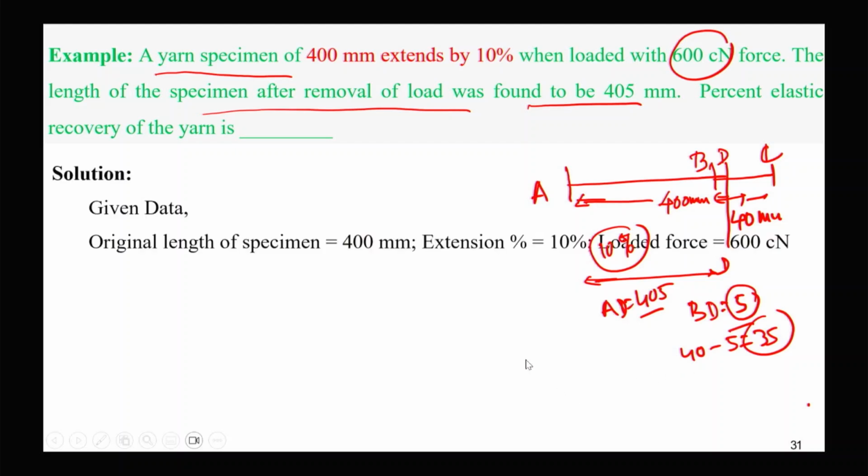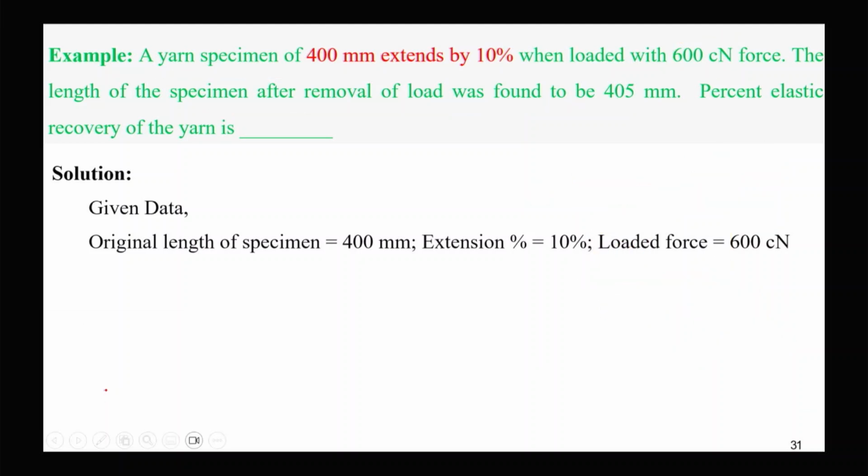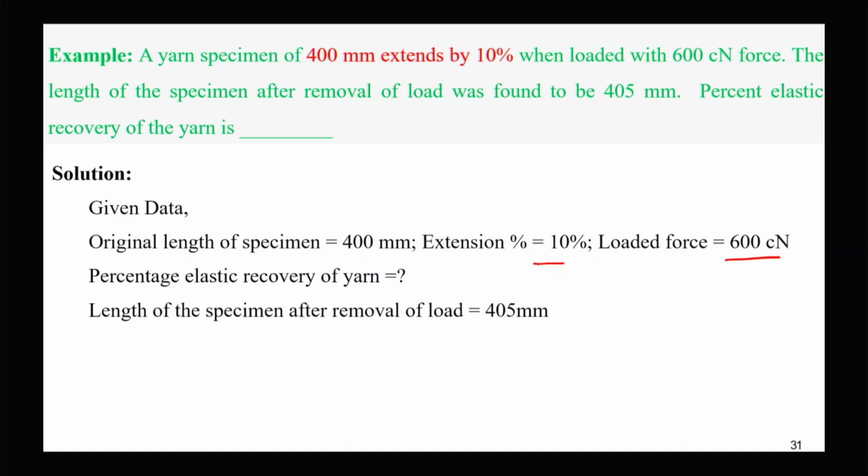Now let us see. The elastic extension is 10%, and the load is 60 centinewton. This value will not be required because we are trying to calculate the percent recovery, so only the length parameters are required. The specimen length after removal of load is 405.